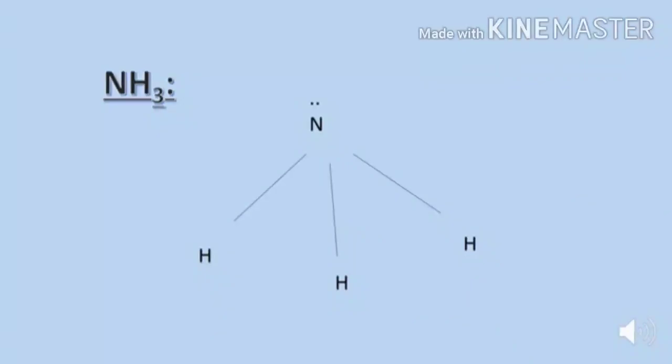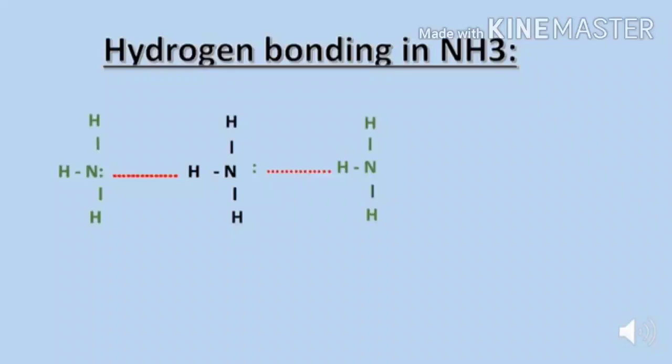In ammonia, 3 hydrogen atoms are present which are joined with a highly electronegative element, that is nitrogen. So in this case also hydrogen bond is present. Here we take 3 ammonia molecules which are joined together by the hydrogen bond.